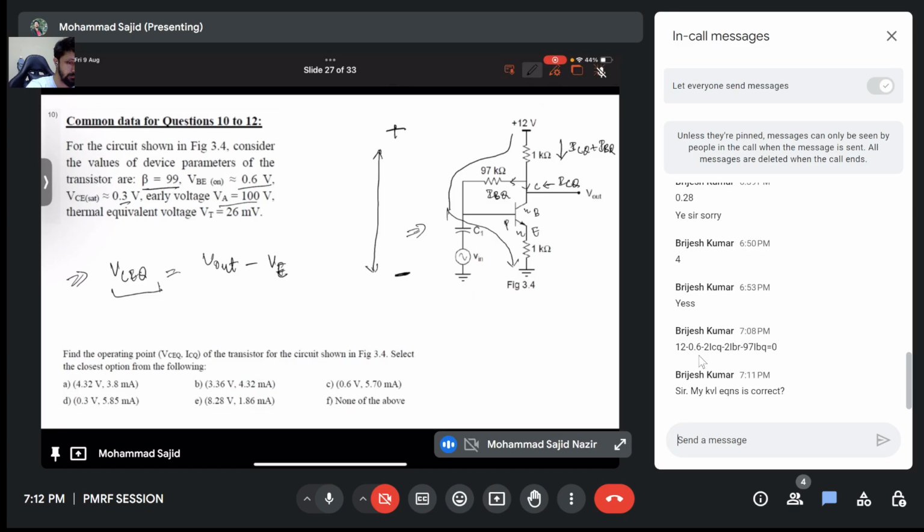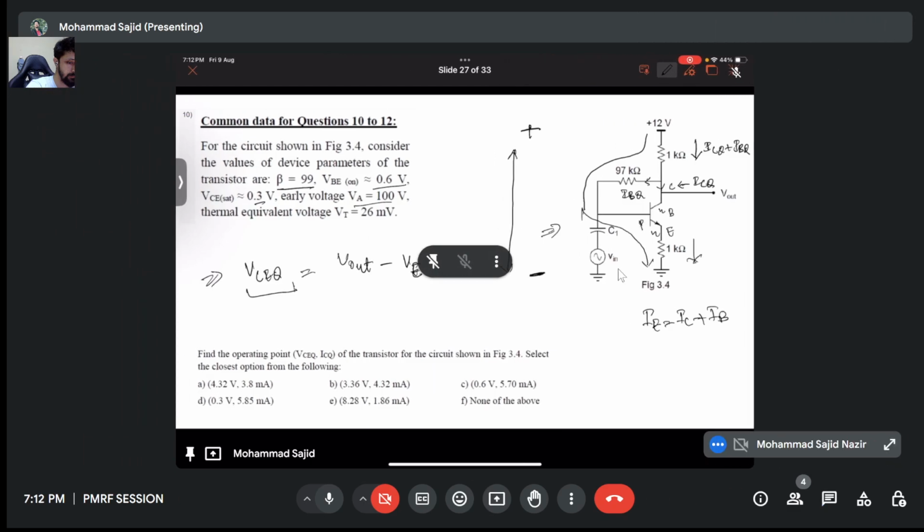This is minus 2 ICQ minus 2 IB times R, because IE is equivalent to IC plus IB. And we have used this for this term, 1 kilo ohm multiplied by IC. Yes, so this is correct. You have written correctly here. Nice.